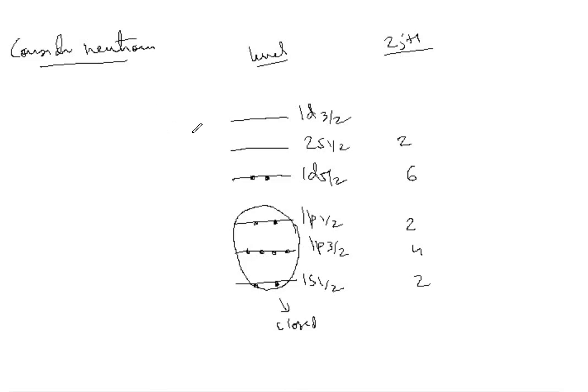Now here you see also the same thing happens. That means they form a closed core, 1s half, 1p3 half and 1p half. But there are 2 valency neutrons here. They are the valency neutrons, and this is the valency shell, 1d5 half. Now this level gives non-zero value of j plus j square operator.